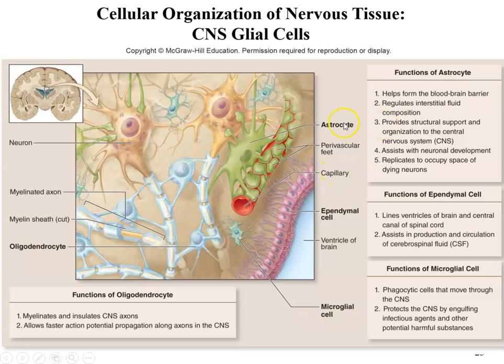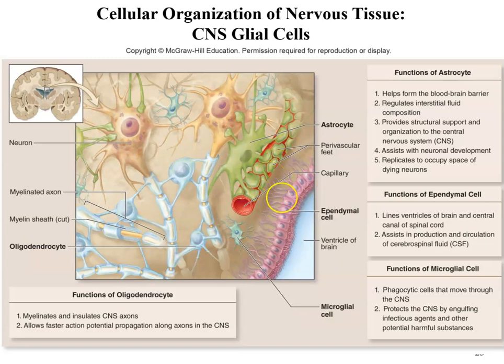So here is an astrocyte. You can see it's star-shaped, and it has these little feet, little projections that it wraps around the capillaries in the brain. This prevents large molecules, large cells, things like that from crossing over into brain tissue.